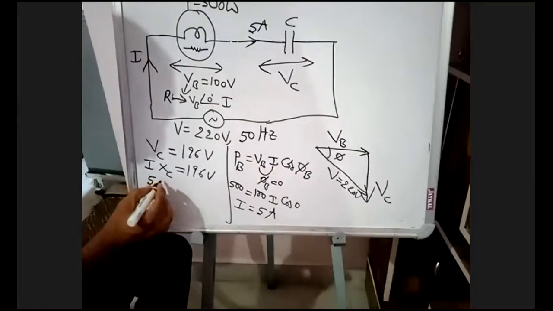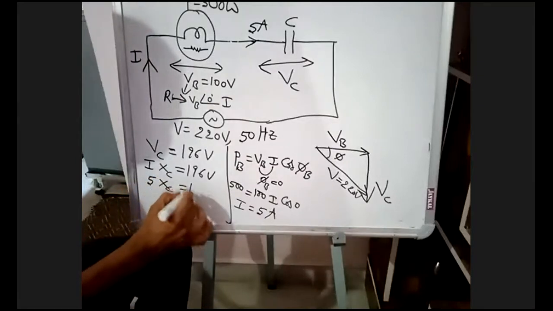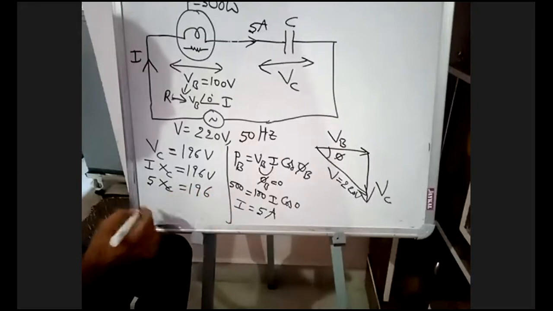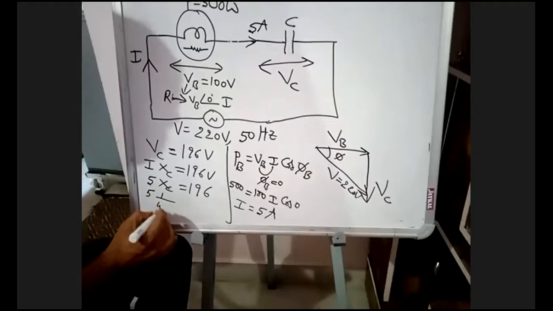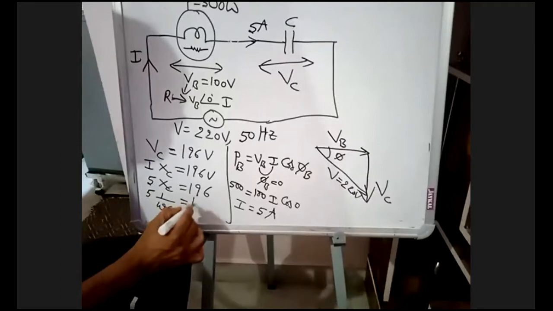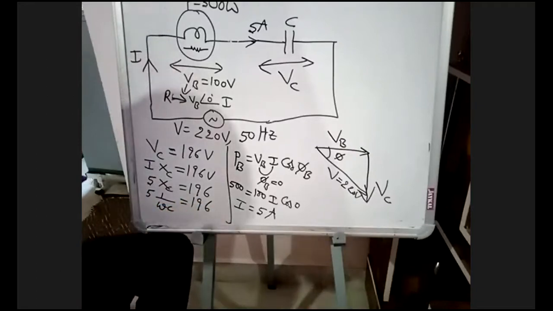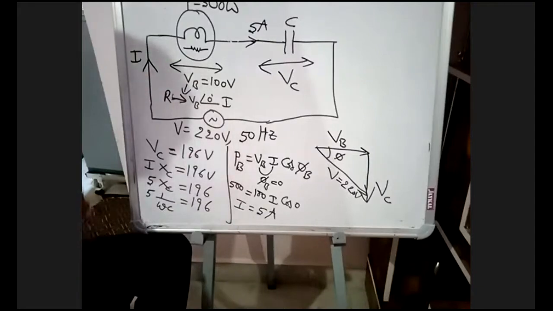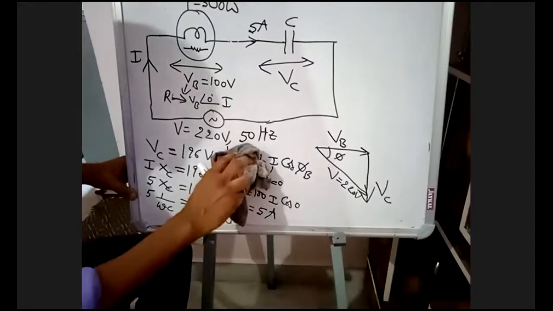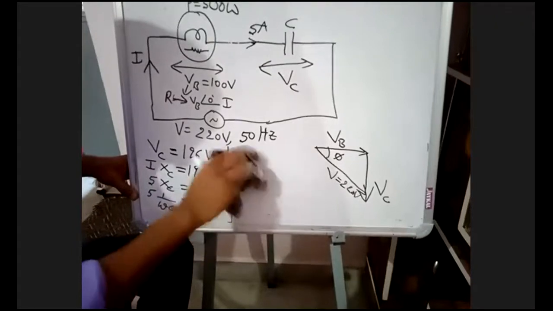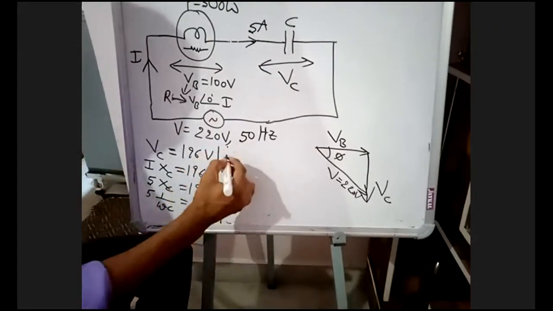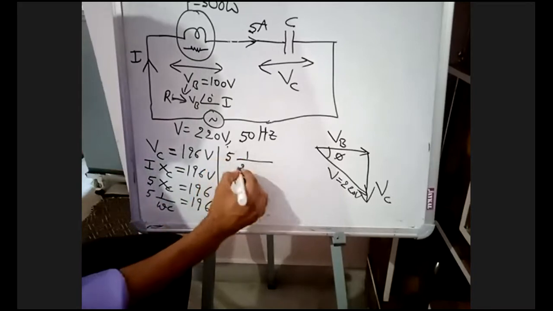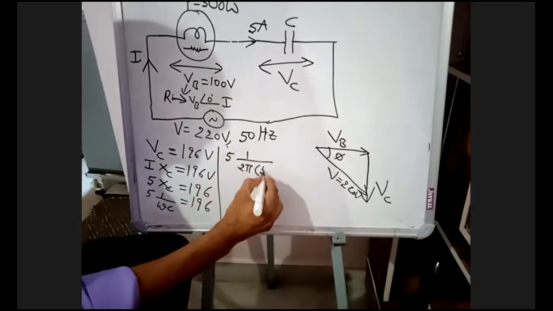They are asking the C value. XC is equal to 1 by omega C. That is 5 into 1 by 2 pi fC. Frequency they have given in the problem is 50.